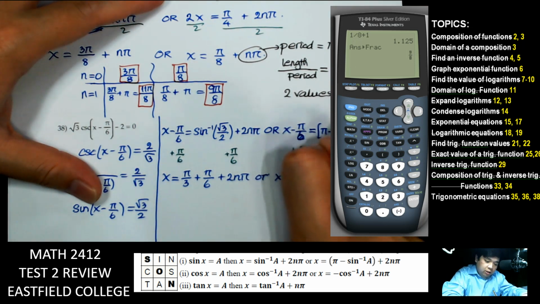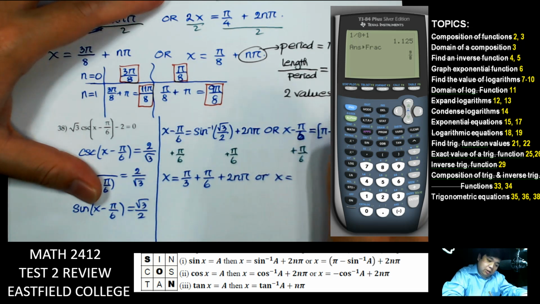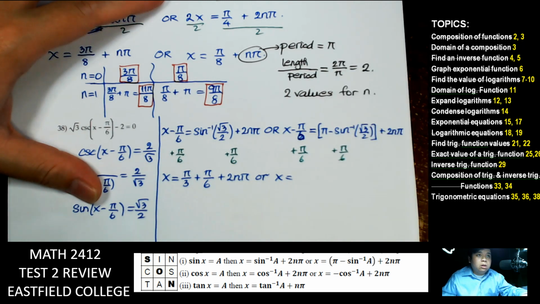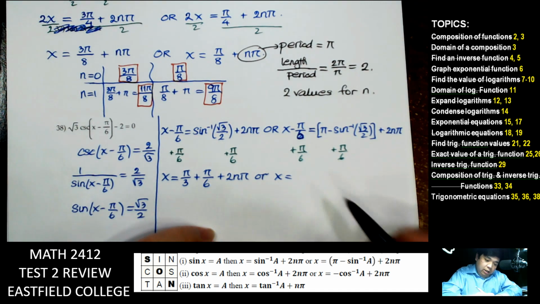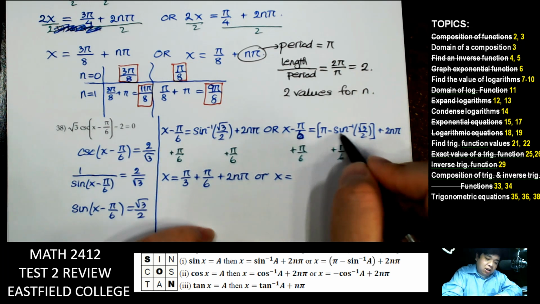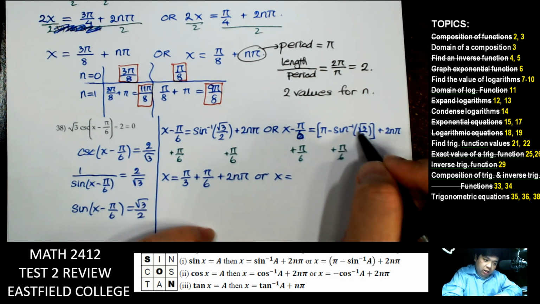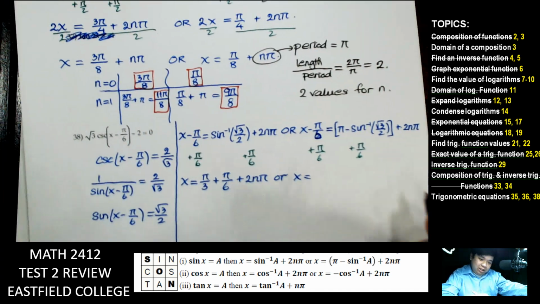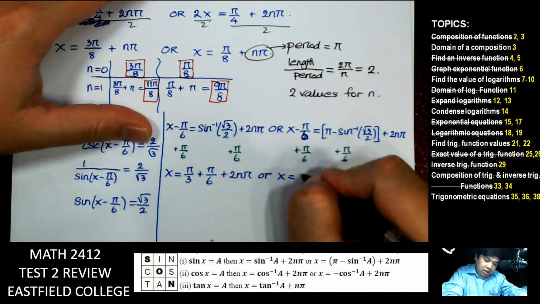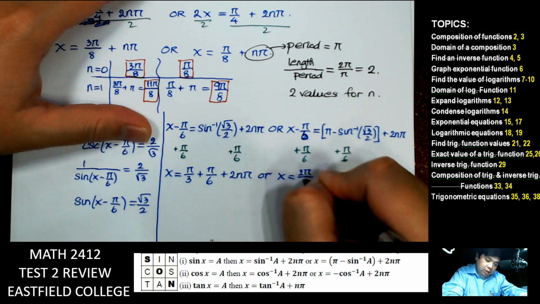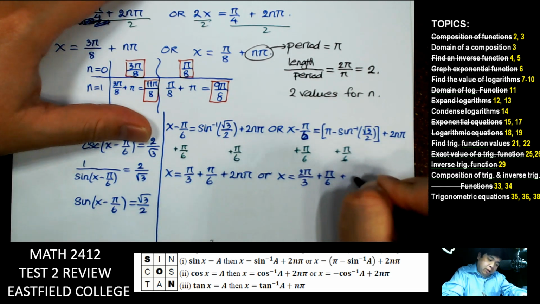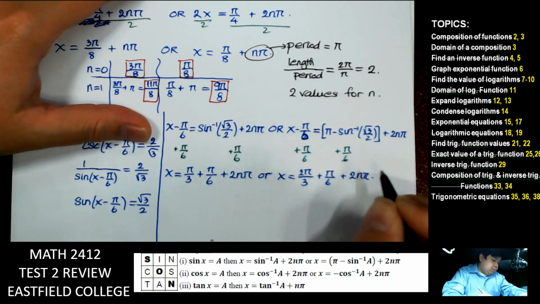This also add pi over 6 on both sides. And we have pi minus pi over 3. We did that earlier as well, 2 pi over 3. So that inside the square bracket is 2 pi over 3. And then we plus pi over 6 plus 2n pi.